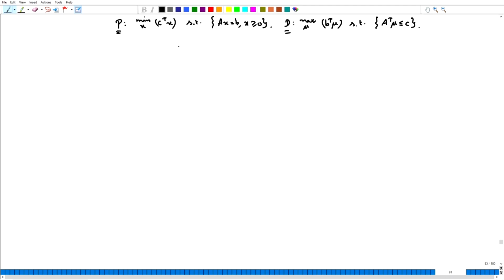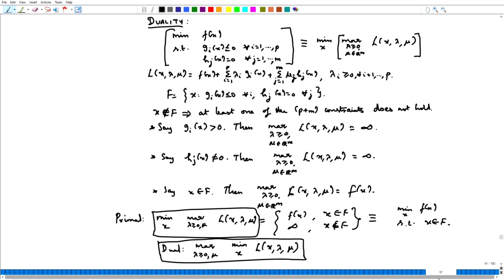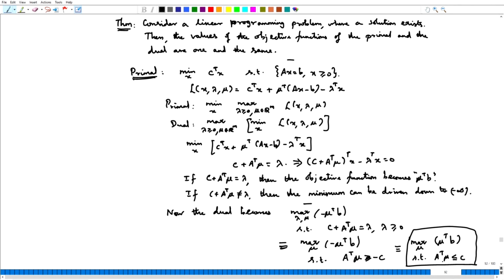Thus, if we look at the theorem, when you have a linear programming problem where a solution exists, then the values of the objective functions of both the primal and the dual are one and the same.